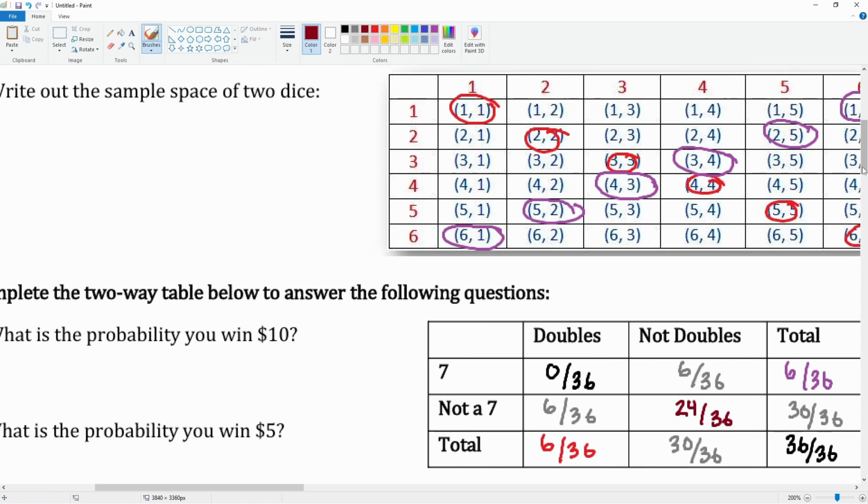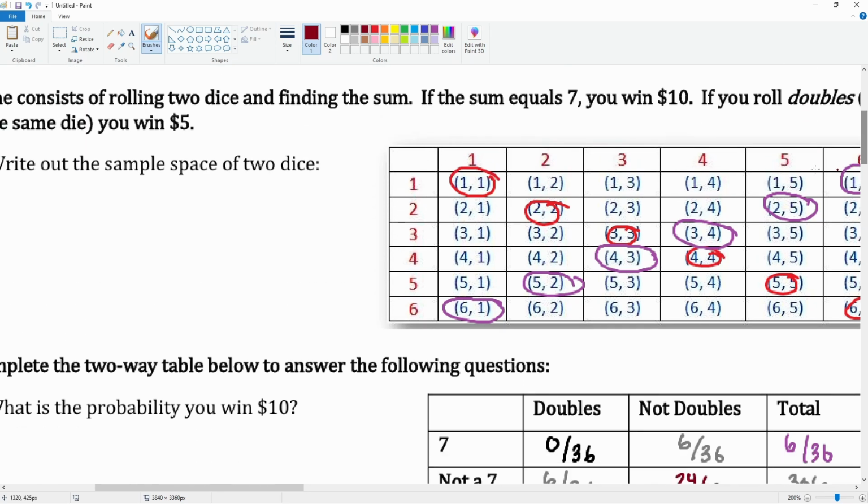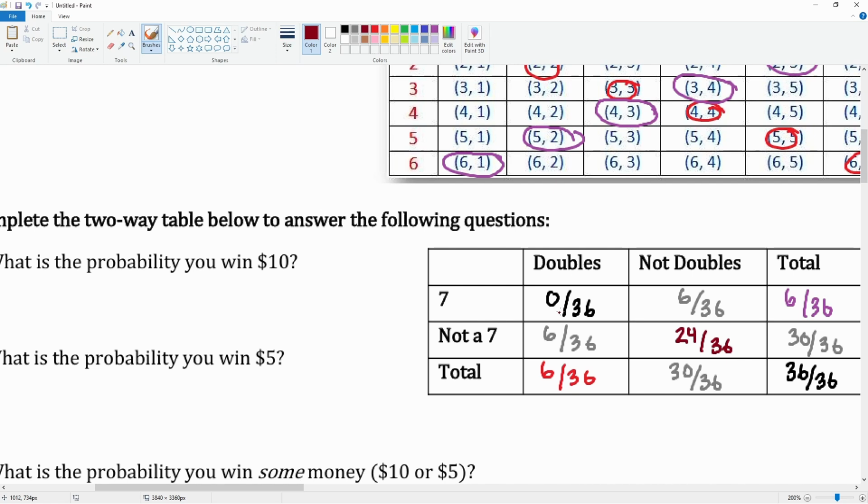So what is the probability of winning $10? Well, $10 is if it equals 7, and that is right here. This is your $10. So that is your probability of getting a 7, which is going to be 6 over 36. Let's see.